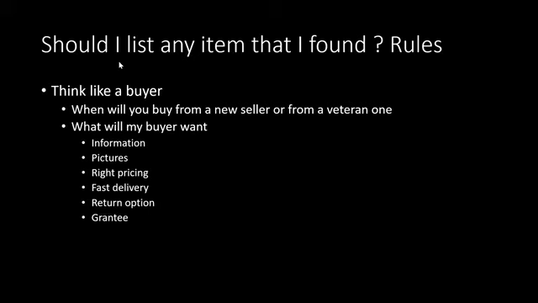You need to have the right price. I won't buy something too expensive, or too cheap. It's also suspicious. I'm looking for delivery, service, guarantee, return options. Offer whatever you can to make the customer feel comfortable, feel secure.